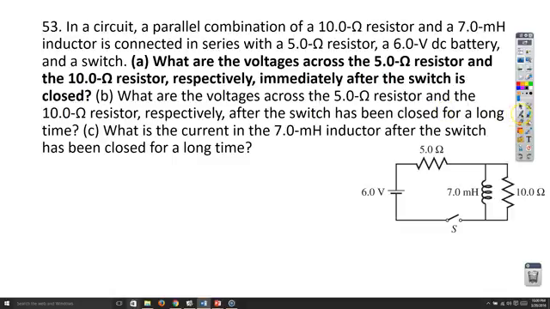So we've got to use Kirchhoff's loop rule. Remember when we have 2 loops, if I close this, the voltage in each one of these should be the same after I subtract the voltage drop across this resistor.